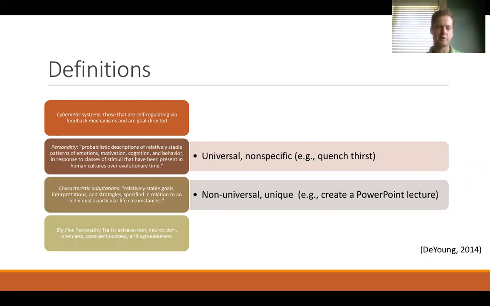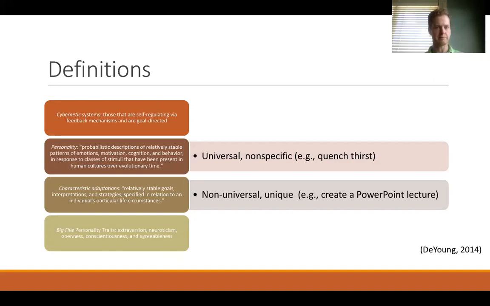So the difference between emotions and motivation would be that motivation is more of an evolutionary biological drive, you could say. So it'd be like thirst or hunger. Those aren't emotions. They're motivations. They're telling you to do something. Cognition and behavior in response to classes of stimuli that have been present in human cultures over evolutionary time.